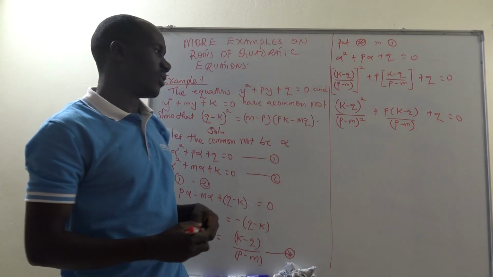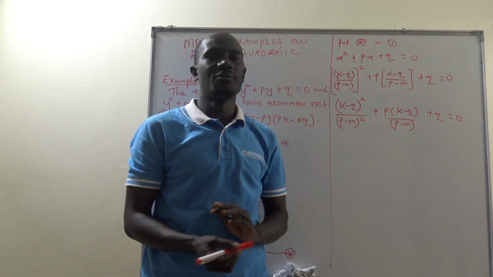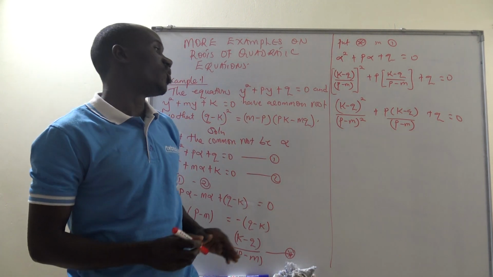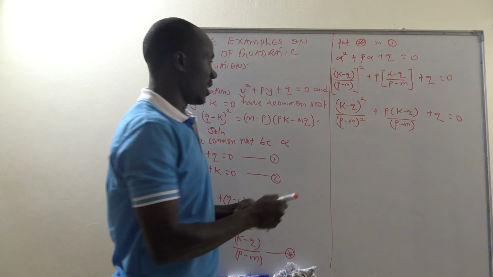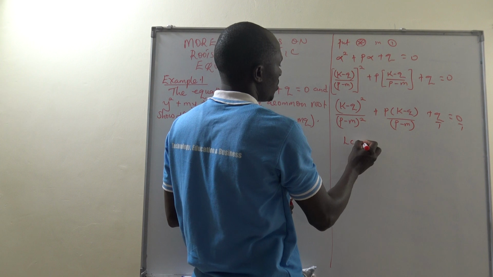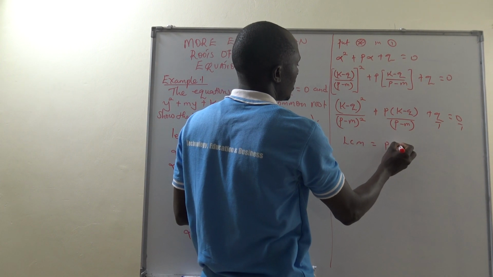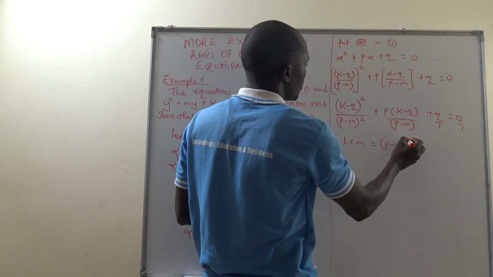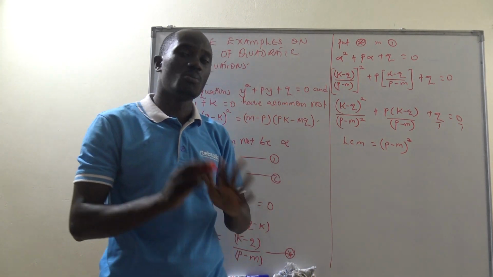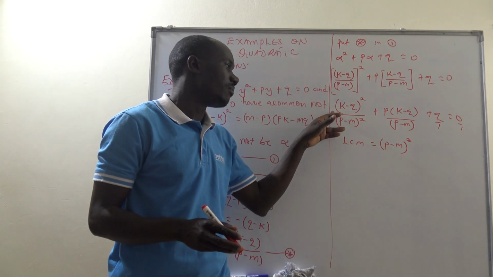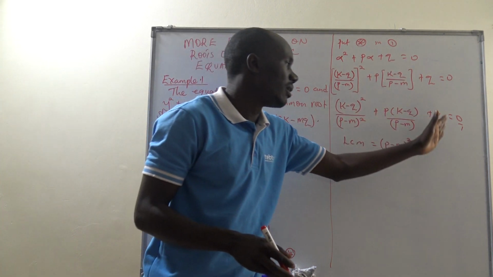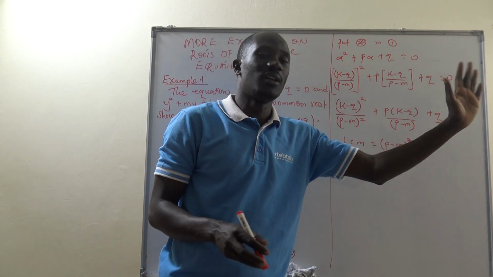What is the LCM of the denominator? The LCM is p minus m squared. So we are going to multiply by the LCM on both sides, every corner, by p minus m squared.